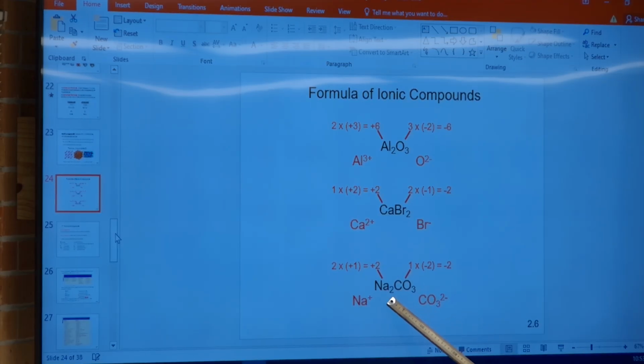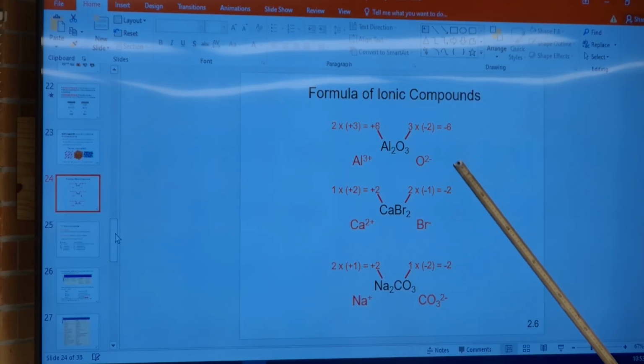This is sodium carbonate. CO3 together we call carbonate. Sodium from group 1A, right? Positive 1 charge, 2 sodium, positive 2. Carbonate CO3 together, -2. Still balanced. Can this formula be simplified? No, it's already simplified.